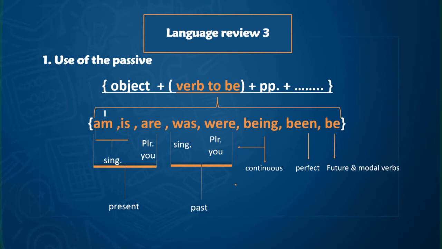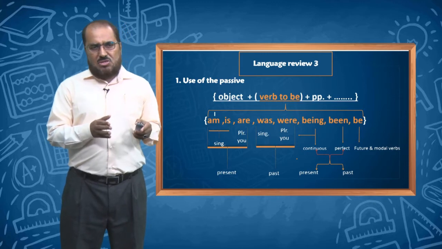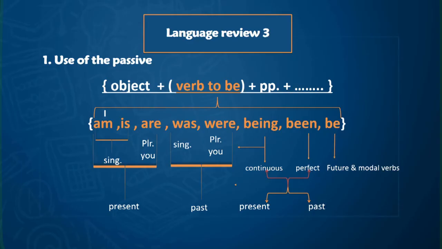For perfect, we use the past participle of the verb to be, which is been. And finally, we use be with the future. When we talk about the future using passive voice, we use be for future and other modal verbs. And don't forget that, with continuous we can use being.